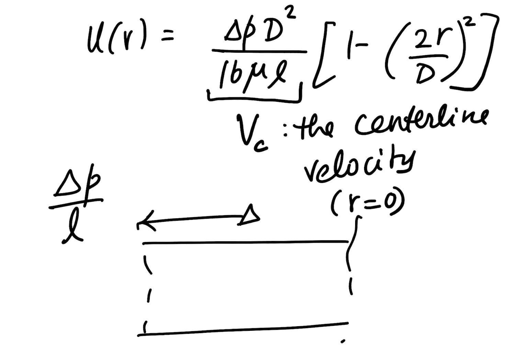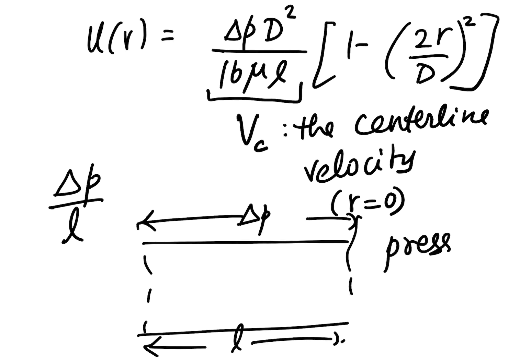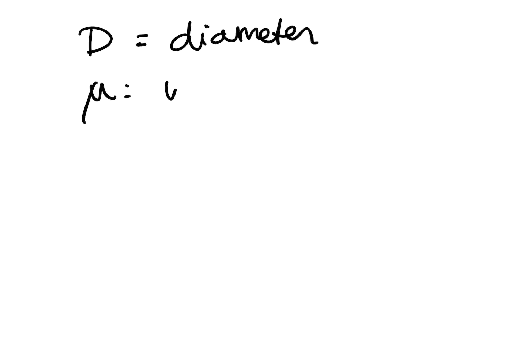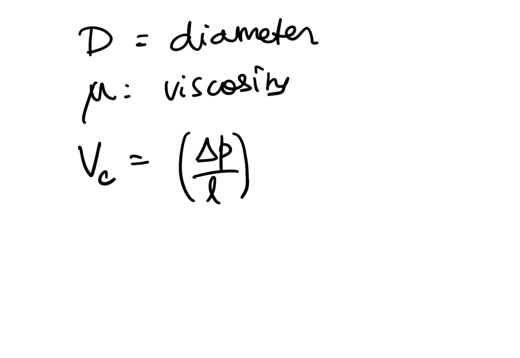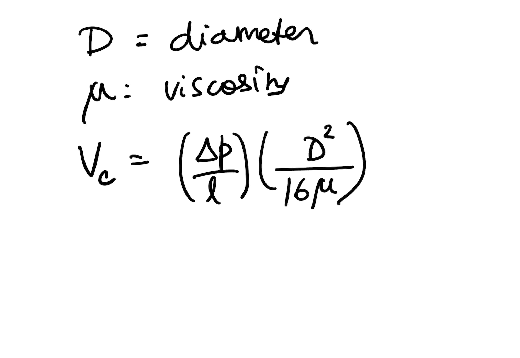Across this section the pressure drop is delta P and the length is L. Delta P by L is called the pressure gradient, so we'll treat it like one quantity, and d is the diameter, of course, and mu is the viscosity of the fluid. So the center line velocity is delta P by L times d squared over 16 mu.